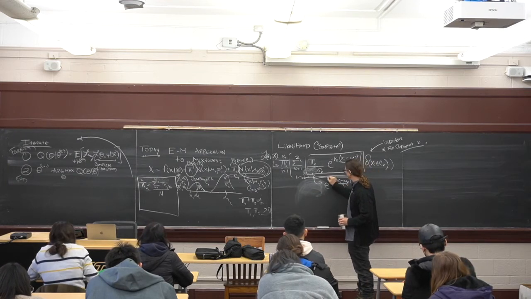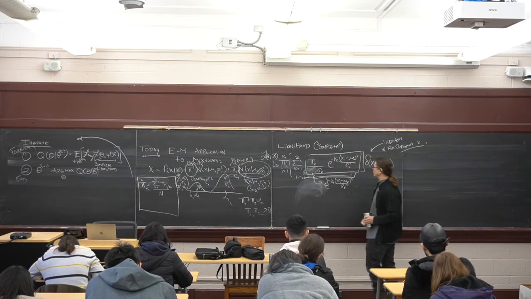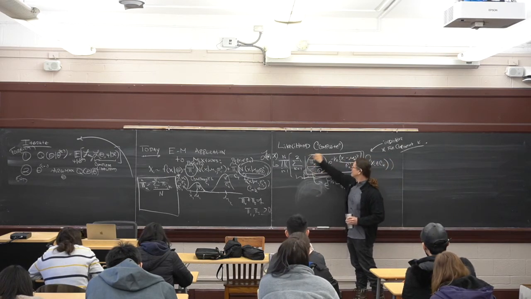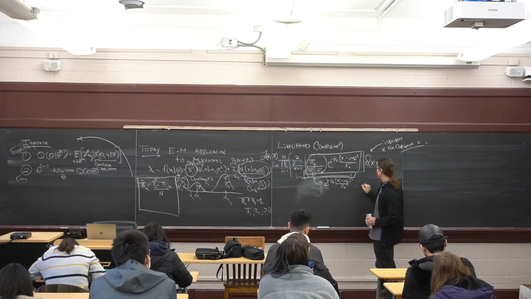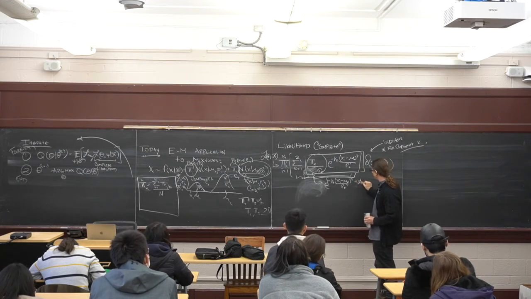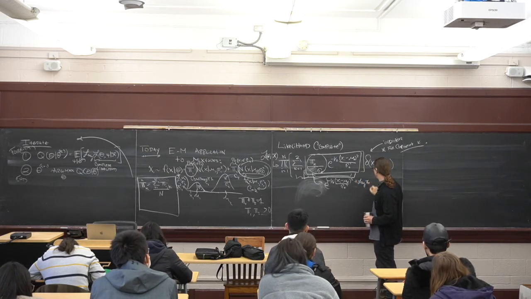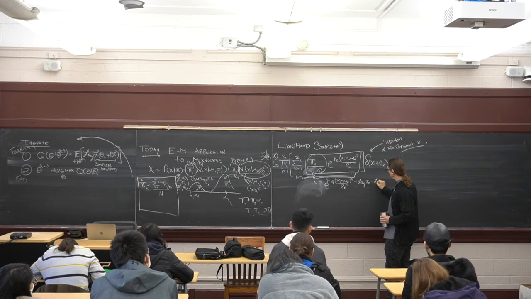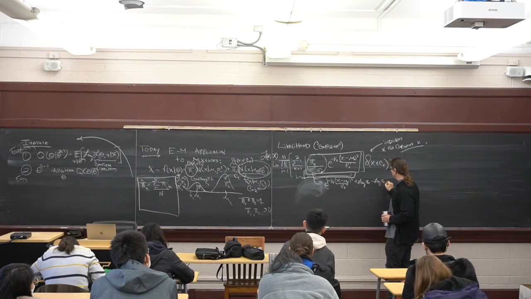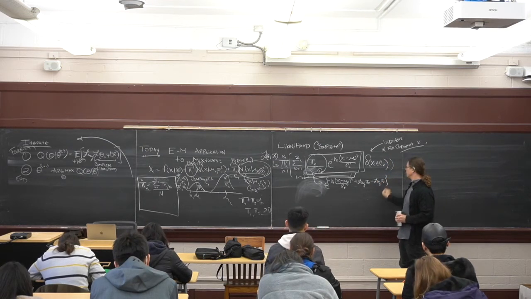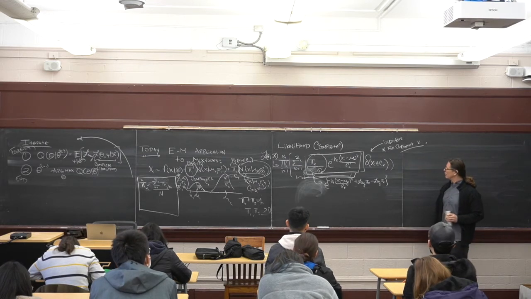And then I'm going to throw a whole bunch of stuff into the exponent. I'm going to jam them into the exponent. This is going to be plus log pi k minus log sigma k. So that's all in the exponent right there.